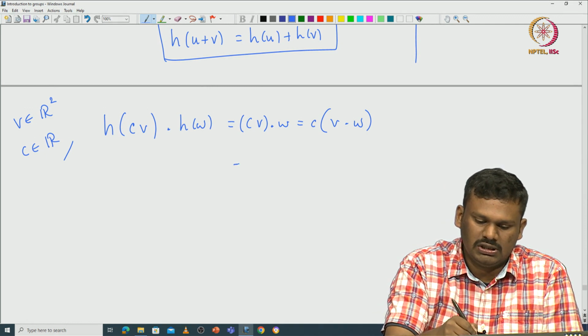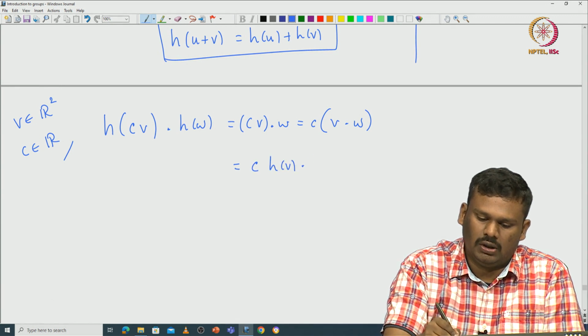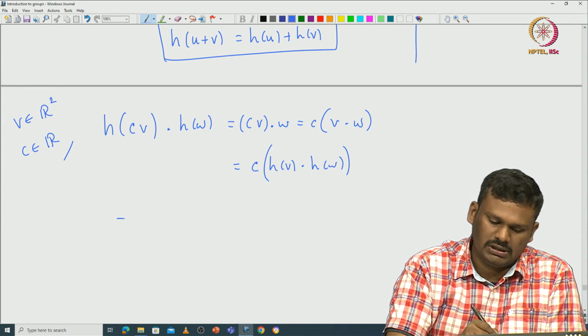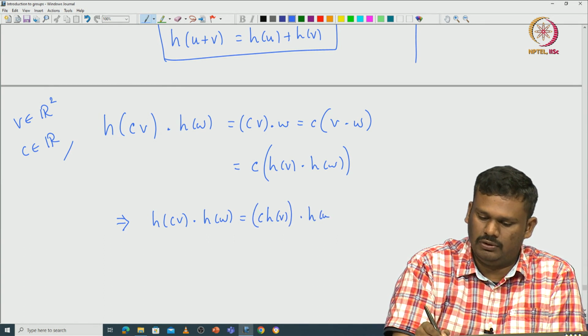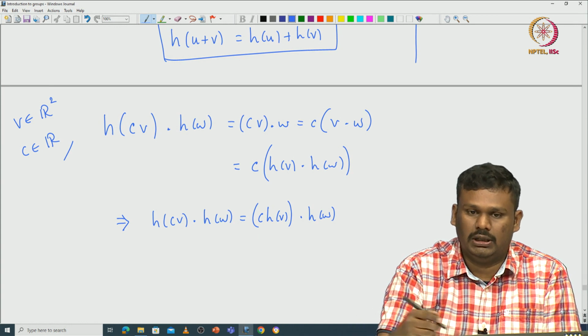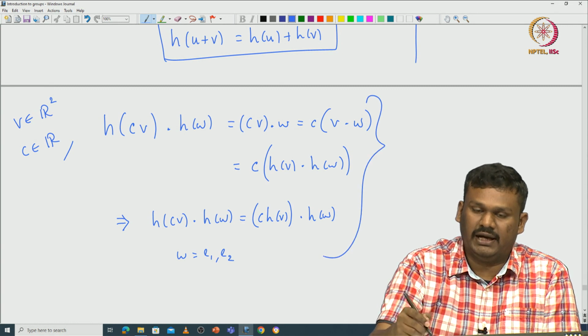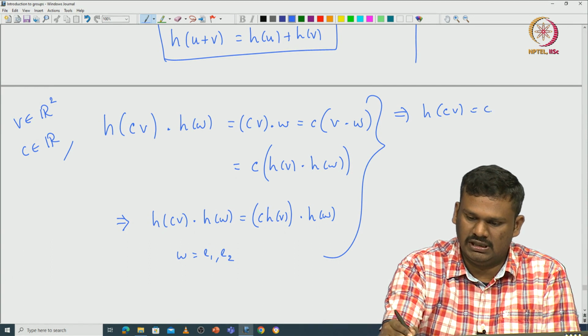So, this is going to be exactly equal to c times H of v dot H of w. So, this gives you H of cv dot H of w equal to c times H of v dot H of w. And since it is true for all w's, you take w equal to E1, E2 as before, and from that you conclude that H of cv is the same as c H of v.